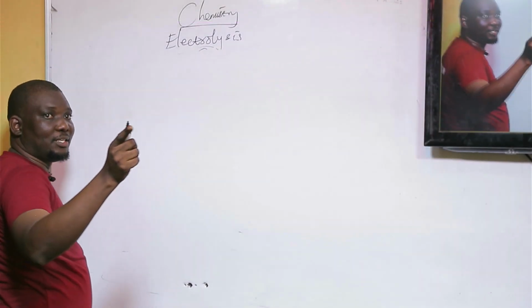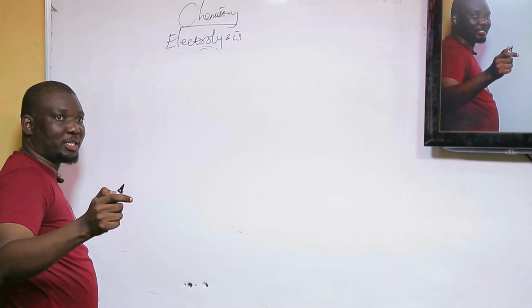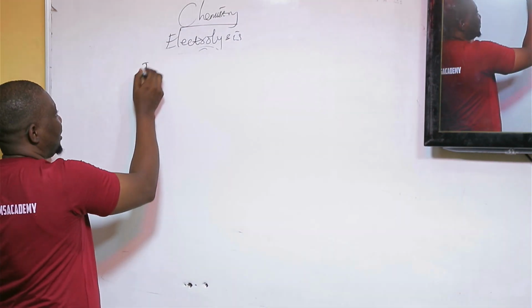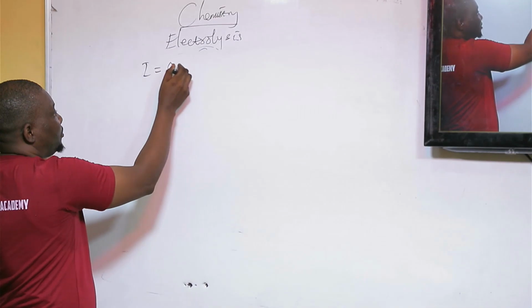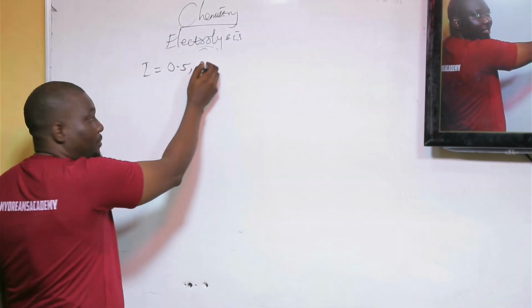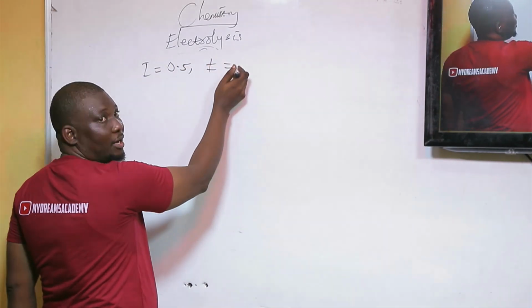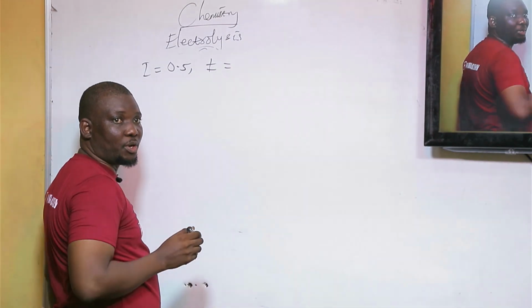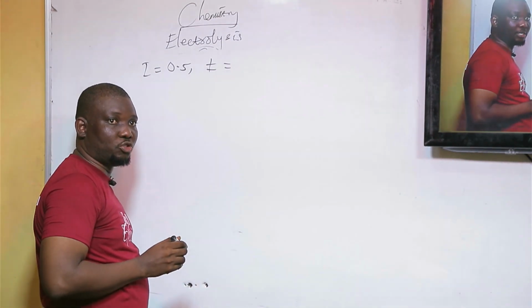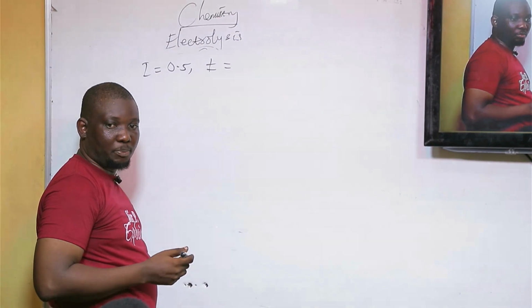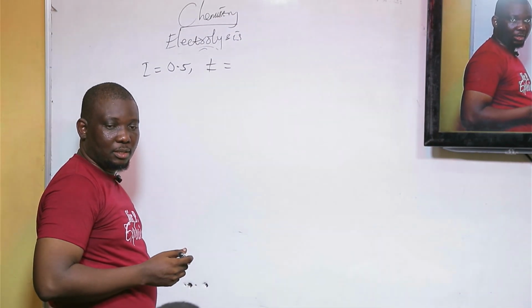Looking at it, during the electrolysis of the salt of metal M, we have I as 0.5, and then we have time at 32 minutes 10 seconds, so we convert that: 32 multiplied by 60, plus 10.